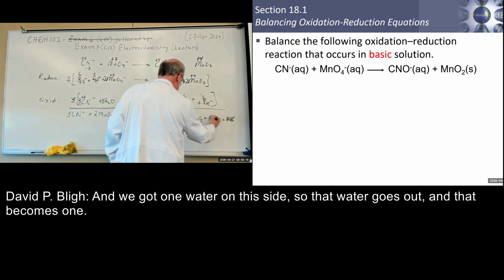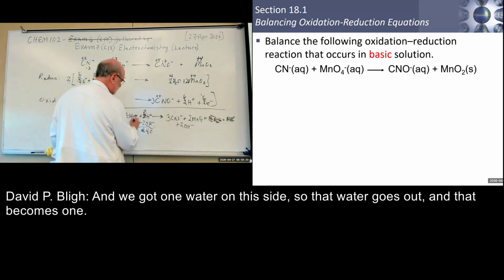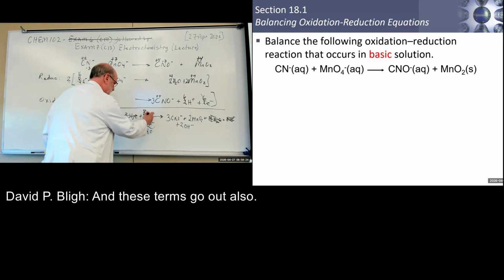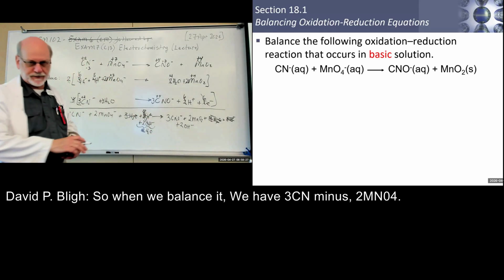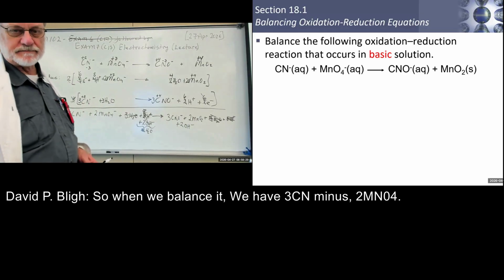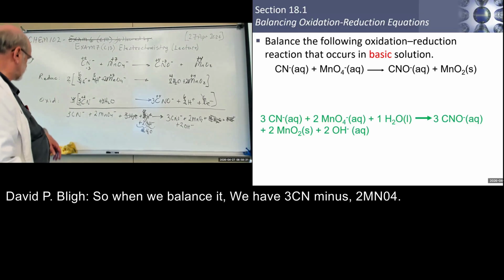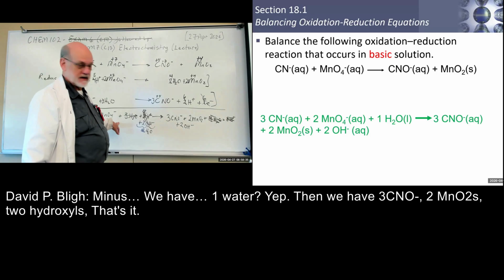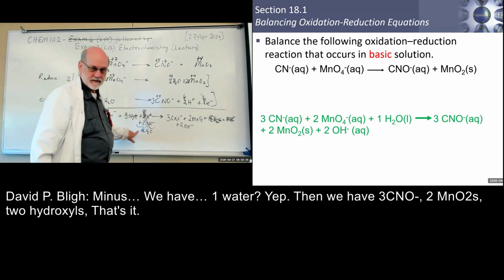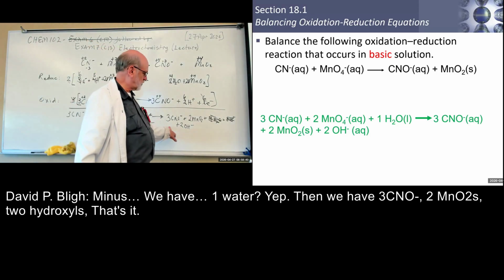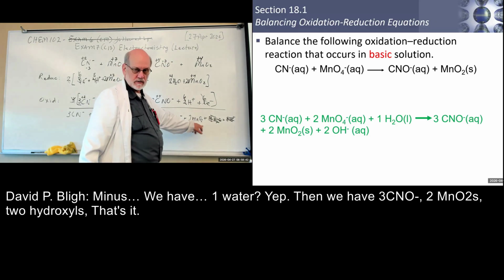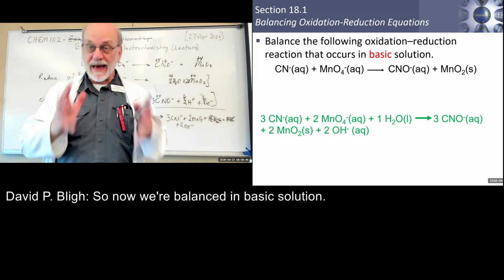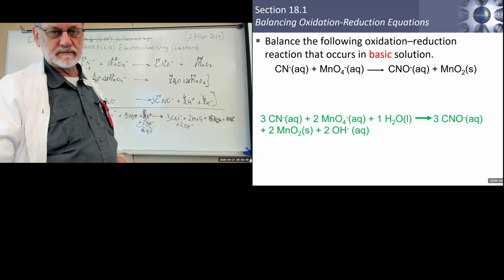And we got 1 water on this side, so that water goes out, and that becomes 1. And these terms go out also. So when we balance it, we have 3CN-, 2MnO4-, we have 1 water, yep. Then we have 3CNO-, 2MnO2, 2 hydroxyls. That's it. So now we're balanced in basic solution.